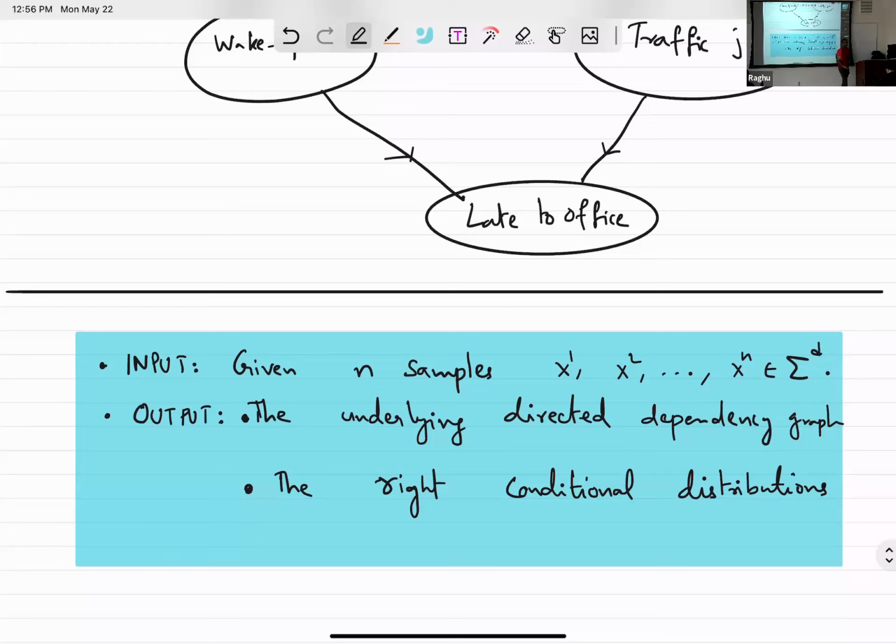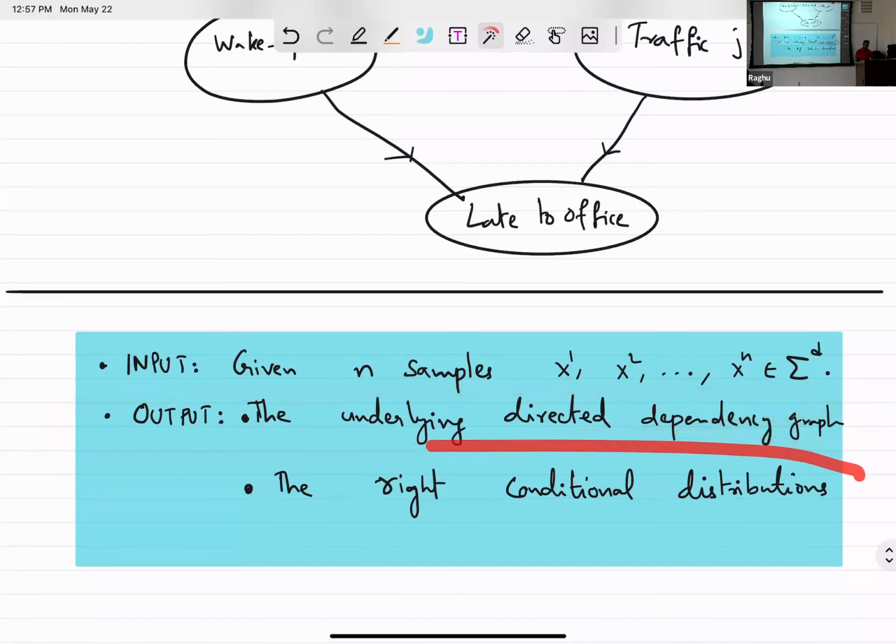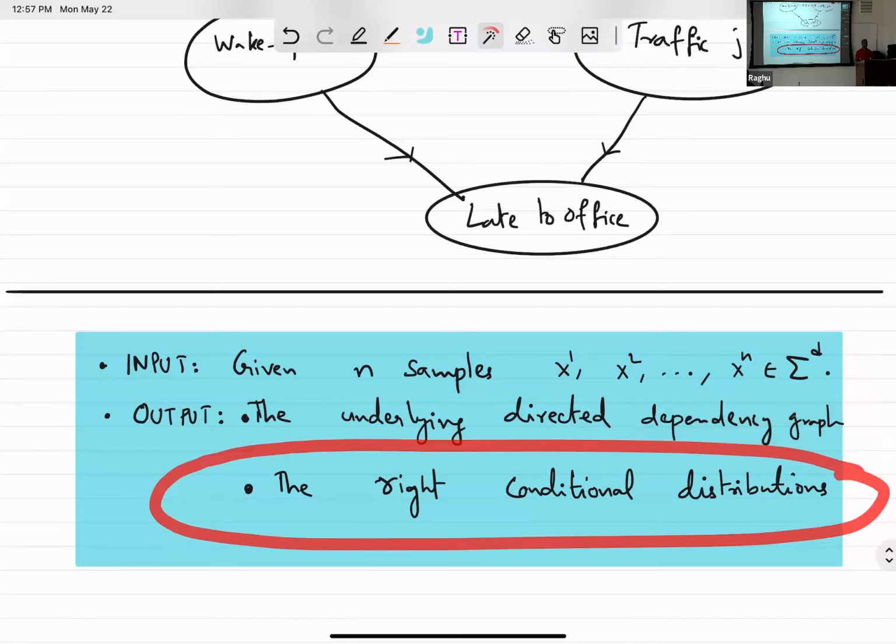Or in some cases, you assume you know the underlying dependency graph, and you're just trying to learn the right conditional distributions. For some applications, one is more complicated than the other. For genetic data and so on, often this could be one of the main challenges. And for some applications, this is the right challenge.